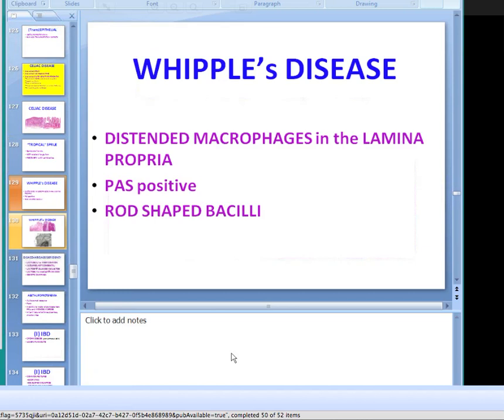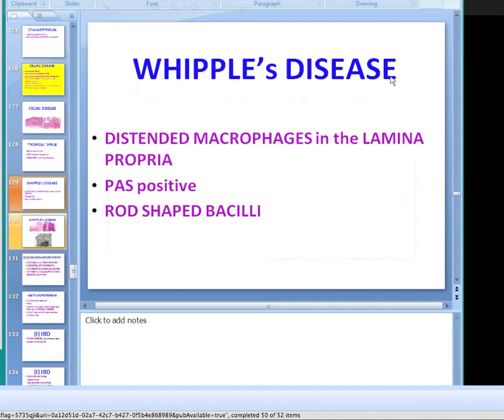And in addition, not only are there inflammatory changes, but most of those cells in the lamina propria look very foamy. They look like foamy histiocytes. And they are foamy histiocytes. But the foam is not the usual tons and tons of lysosomes. The foam is actually bacteria.